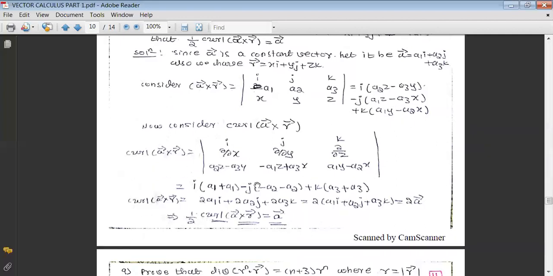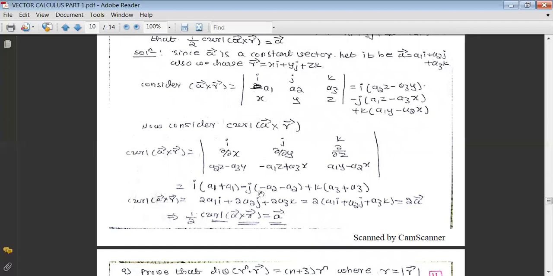Now let us go for expansion of the determinant, that is i into, operate this one with respect to y partially, therefore you will get a1, and operate this one with respect to z partially, again that becomes minus a1, minus of minus becomes plus a1.